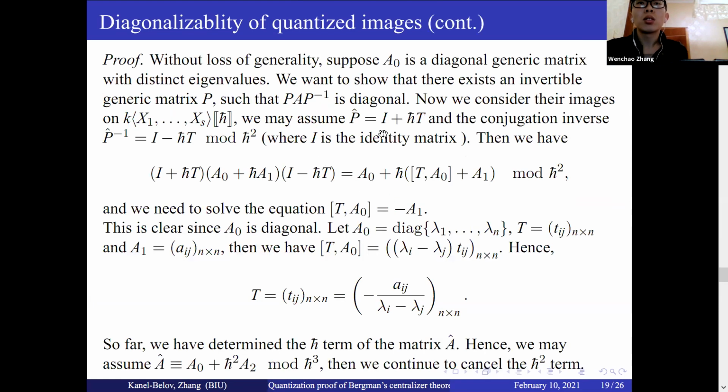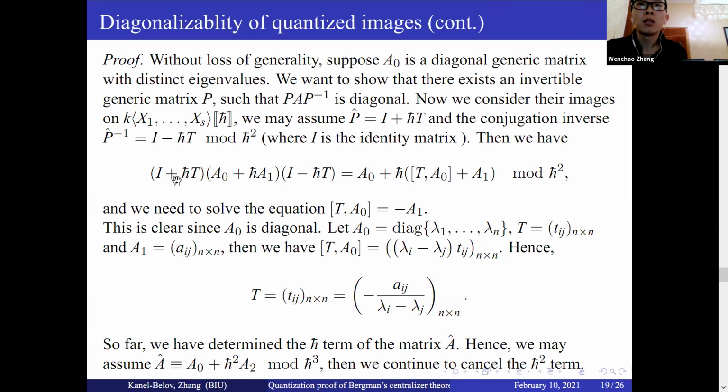Okay. So let's get back to our proof, and now we consider the quantization. So we may assume that P hat is I plus some h bar T, and the inverse P hat minus 1 is I minus h bar T. If we take modulo h bar squared, this is the identity matrix.